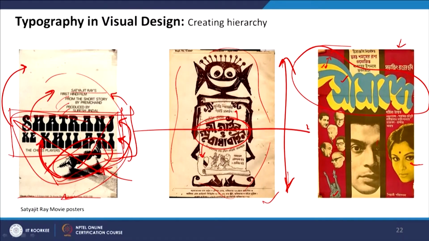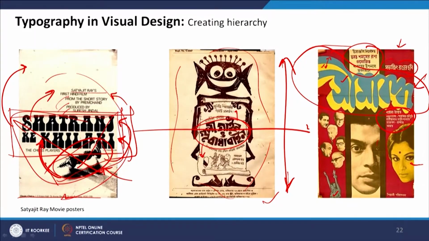Then a few photographs are there, and even the photographs do not contain the blue color, so as to give emphasis on the text. And then some other texts are there too, which have the next level of hierarchy. So I have used a Bengali script so that you can concentrate on just the visual without reading the text.